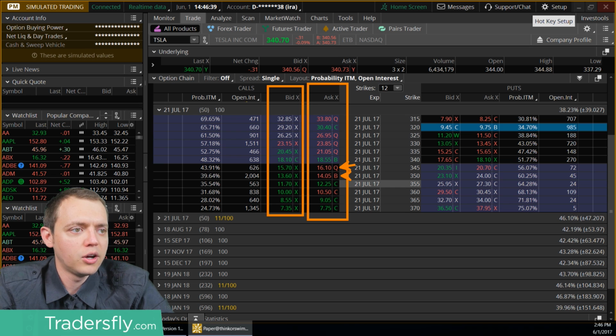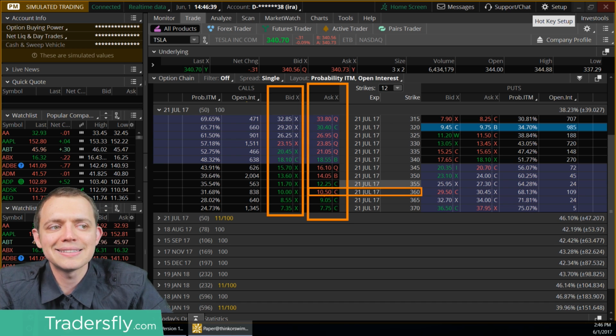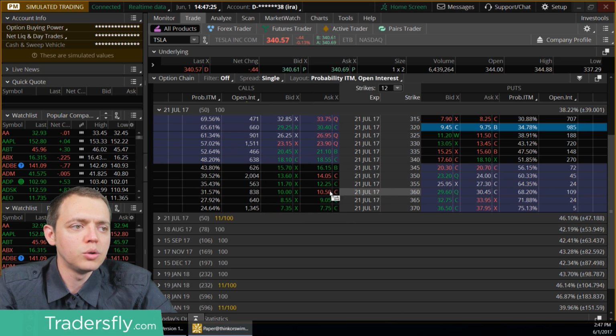Depending on where you want to sell it, on your strike prices, let's say 360, you're trying to sell it at 10.50, but you might only get, let's say, 10.30 because people are trying to buy it at 10. So somewhere in the middle is what you might end up paying.